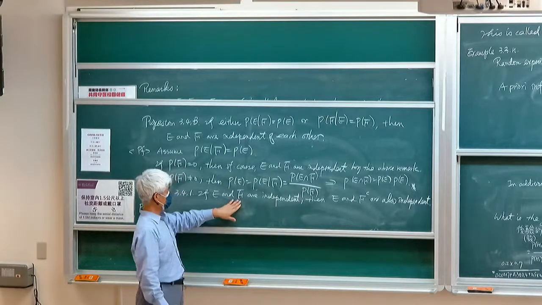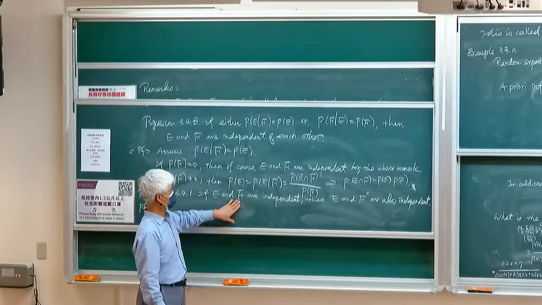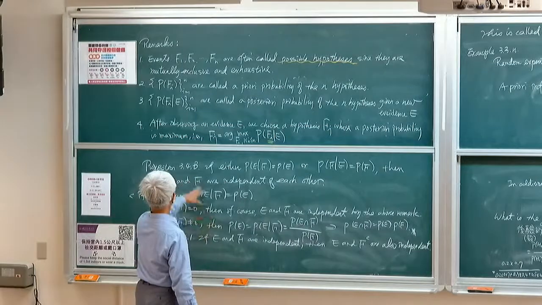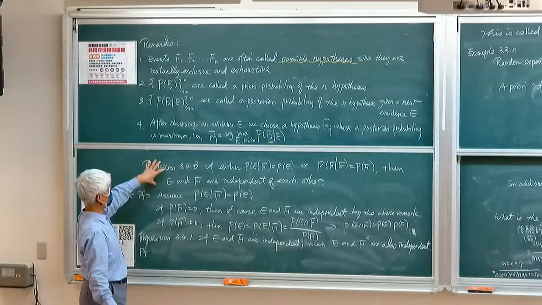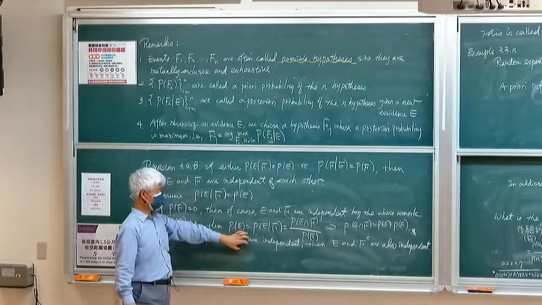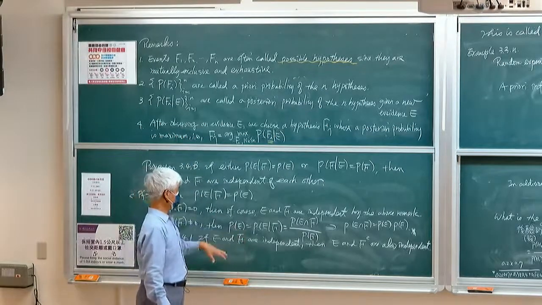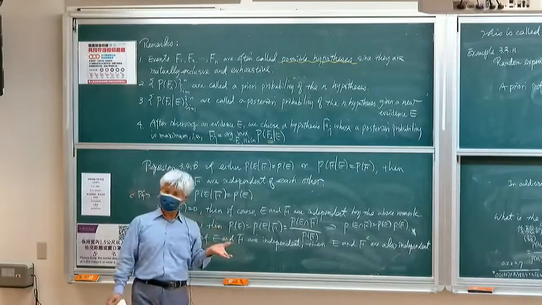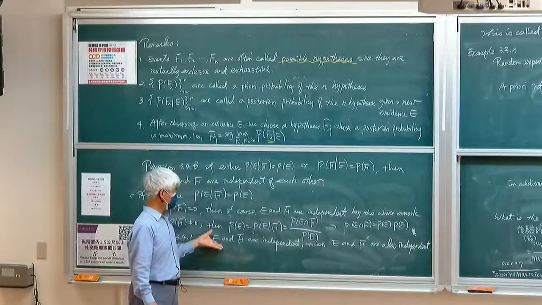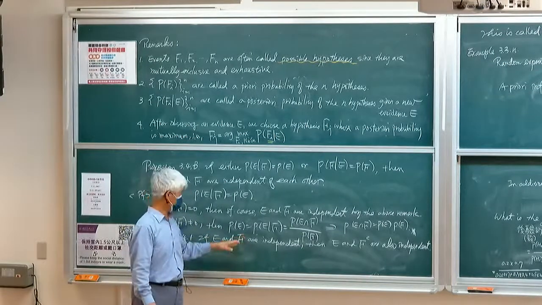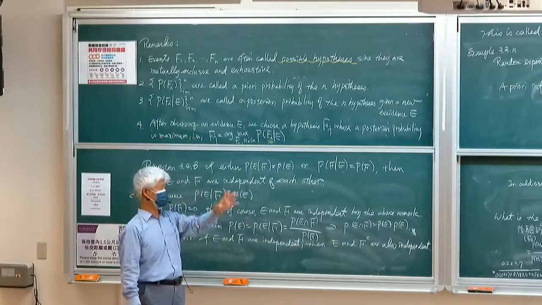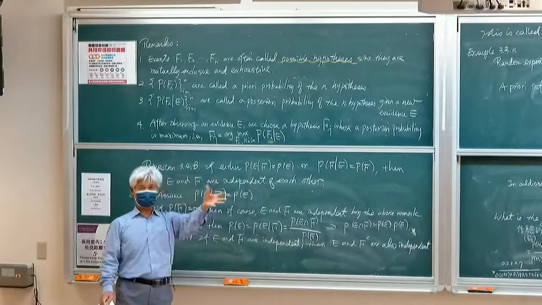So by our previous propositions A and B, given F, the conditional probability of E is equal to the unconditional probability of E. So given not F, because F complement is not F, the information will be symmetric.